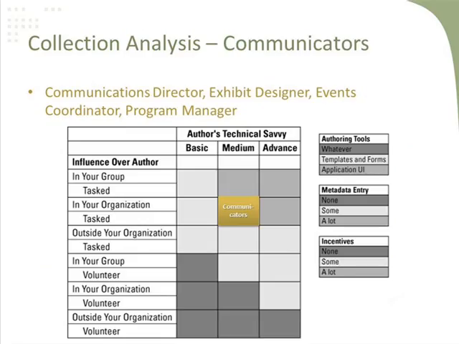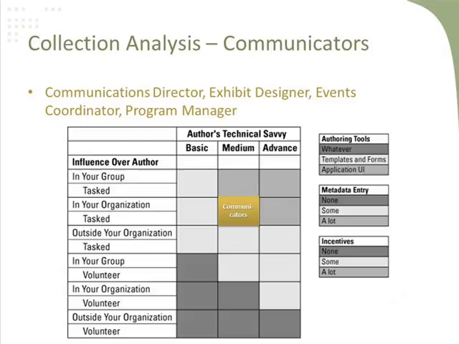So, in the Burke Museum, we have the Department of Communication. They are responsible for planning and designing new exhibits and events. The employees working there, we call them the communicators. They could be the communications director, exhibit designer, events coordinator, and program managers.